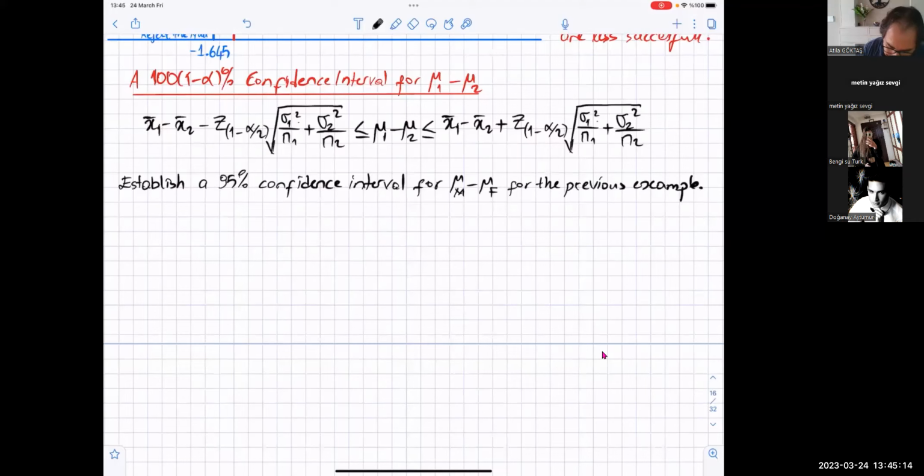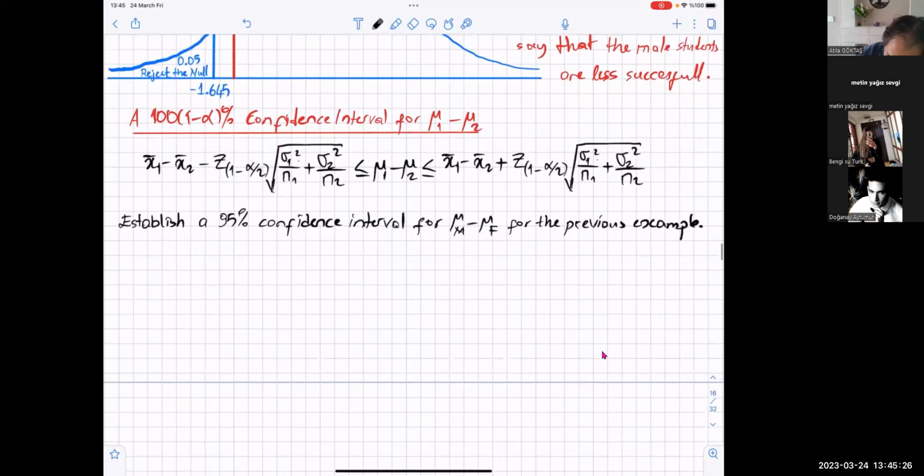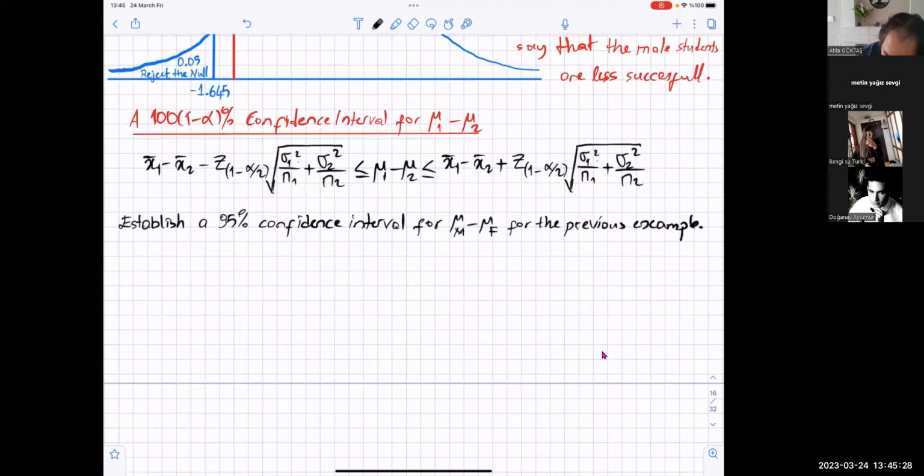Okay, the question is to establish a 95% confidence interval for the two mean difference from the previous example. Remember it was x1 bar, the x male bar, was 2.73 minus 2.79.